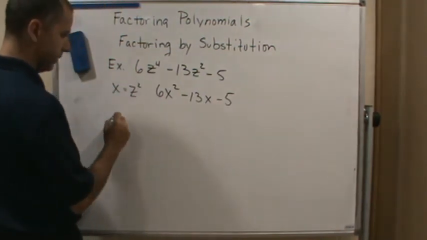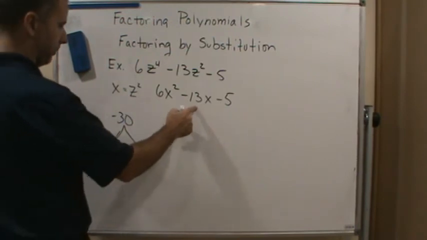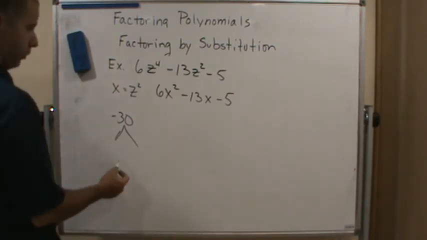And so now I can use the AC method. So I get negative 30, so what two factors of negative 30 will give me negative 13? Yes, there are.